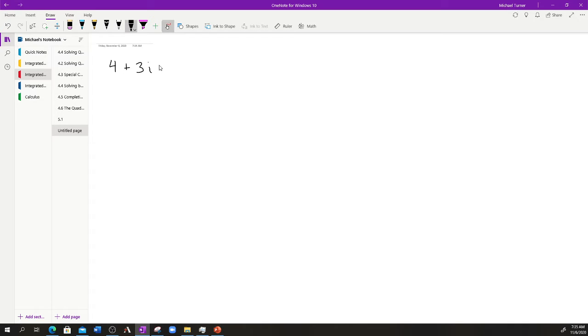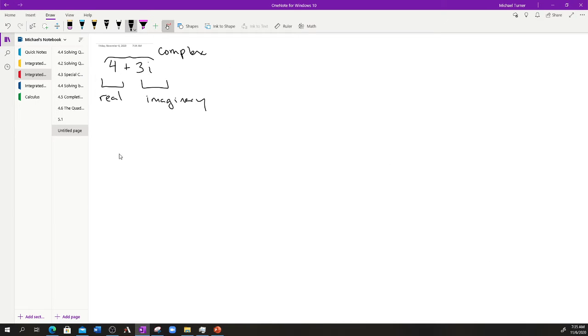Okay. We're treating both of these parts as though they were different terms. So 4 as a whole number and an integer obviously is a real number. And 3i, because it has the i, is the imaginary part. So together, having these two parts, that's what we refer to as a complex number. It's containing both real and imaginary parts.